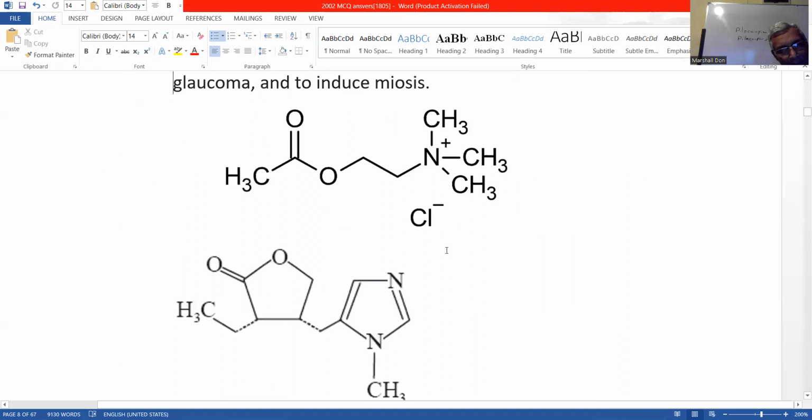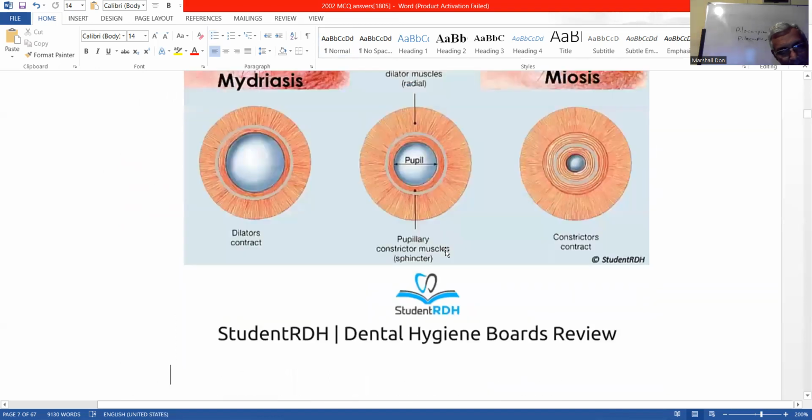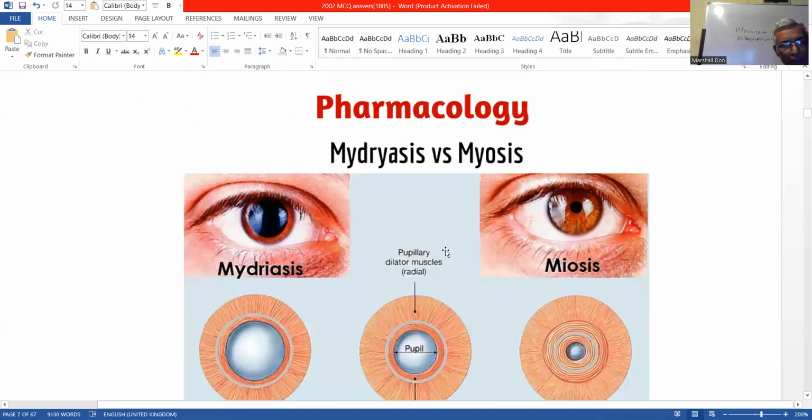The result: enlargement of the pupil is called mydriasis. Miosis means contraction of the pupil.